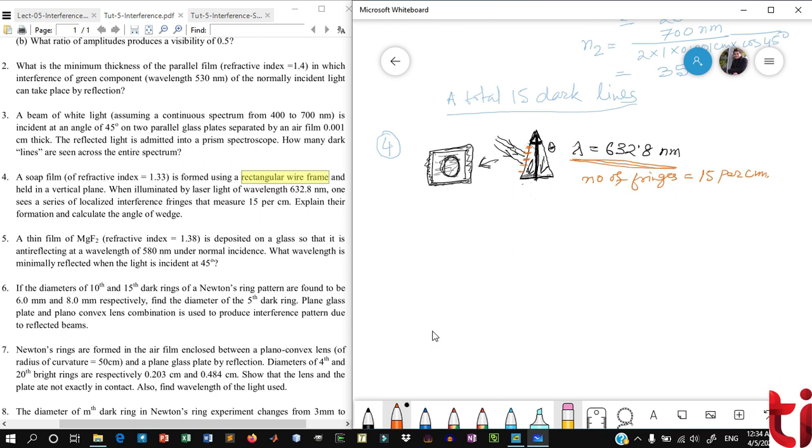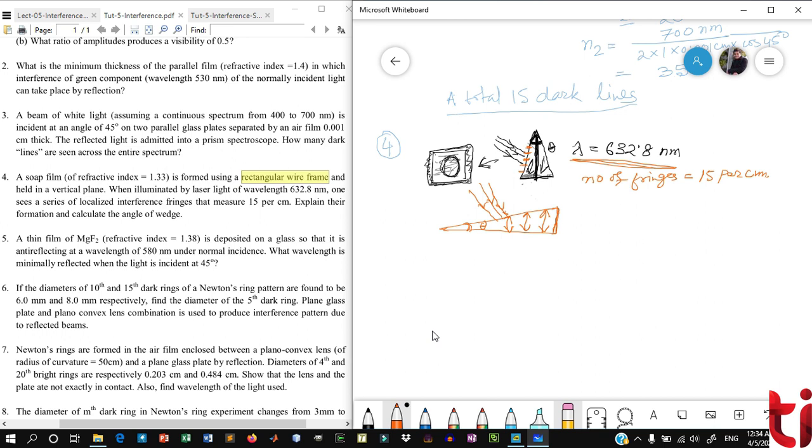So to understand why you are seeing this, here is our thin film. Let's draw it in another way. So this is our wedge-shaped thin film. This is the wedge angle. Let's say this is theta, and this is the incident light. So when that happens, at every point wherever the light is incident, the thickness is different.